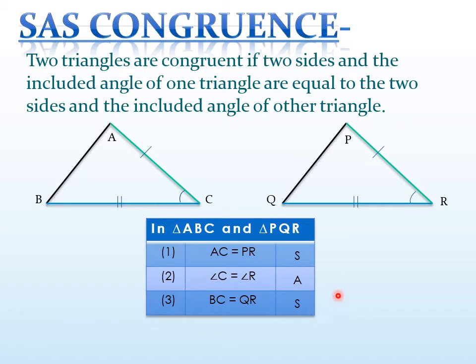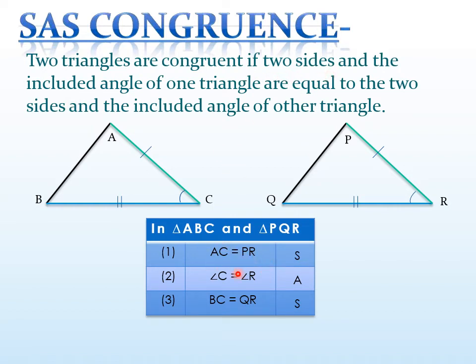SAS rule. So in triangle ABC, we can write these conditions and we can see the SAS rule is valid right here. Now, if you say that angle C is not equal to angle R, but angle C is equal to angle P, in such case, we can't say that it follows the SAS rule. Why is it so? Because it is strictly told that the angle should be included between the two sides.